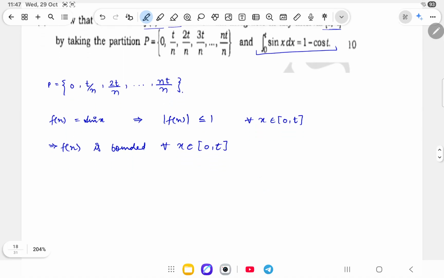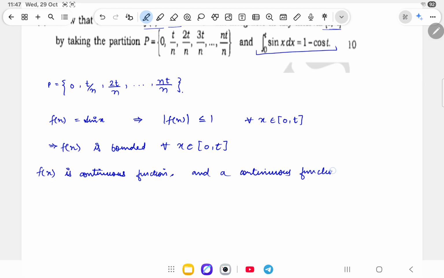Also sin x is a continuous function. f(x) is a continuous function, and we know that a continuous function is Riemann integrable.